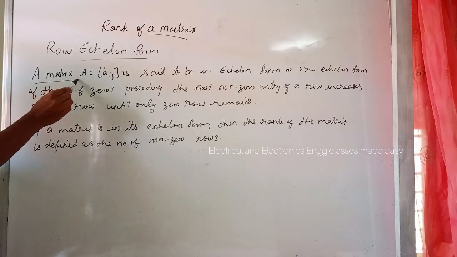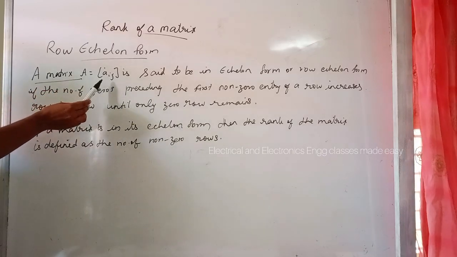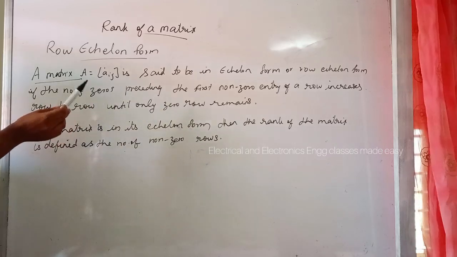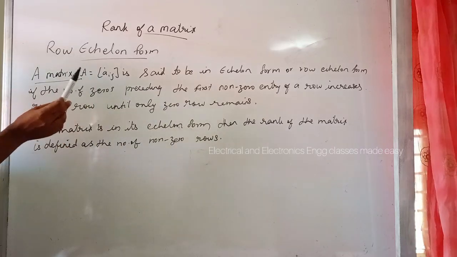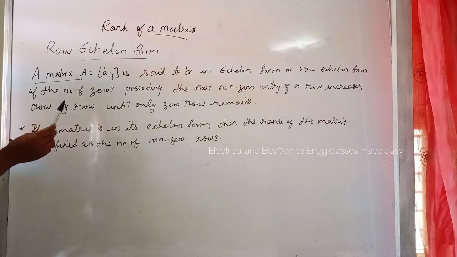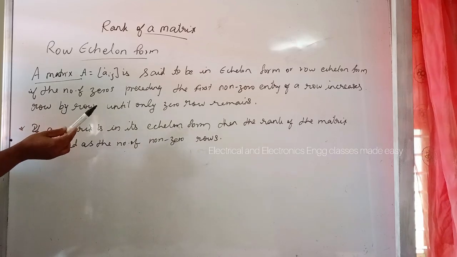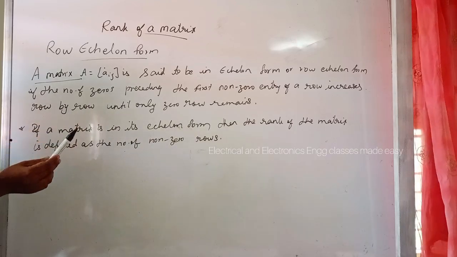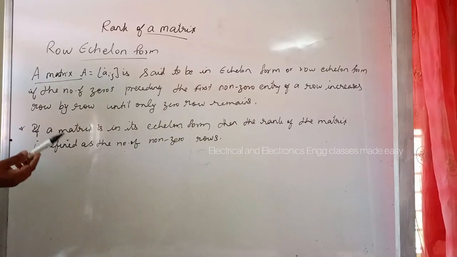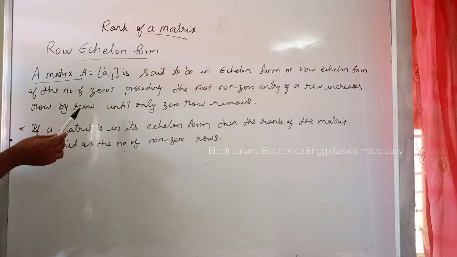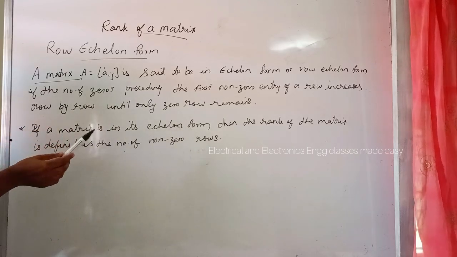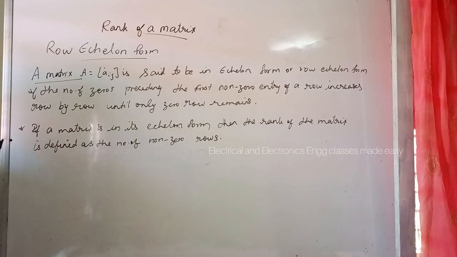A matrix A equal to [a_ij] is said to be in echelon form or row echelon form if the number of zeros preceding the first non-zero entry of a row increases row by row until only zero rows remain.